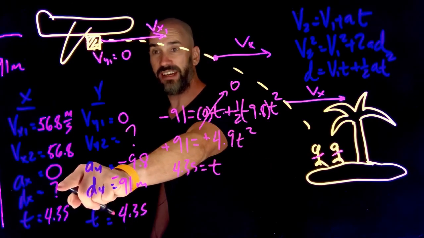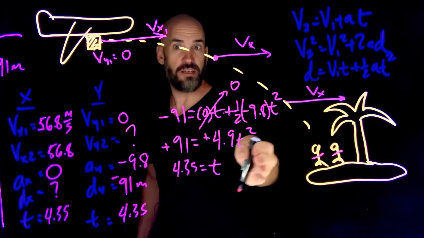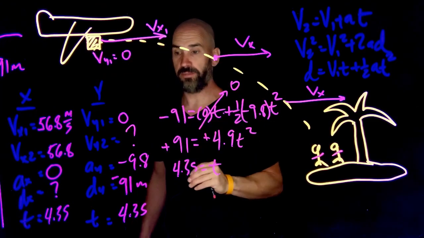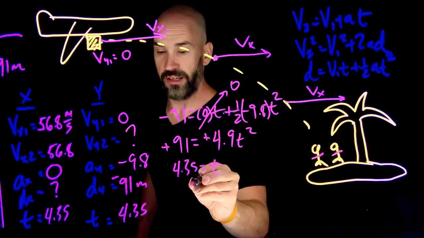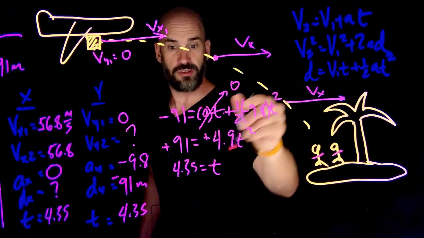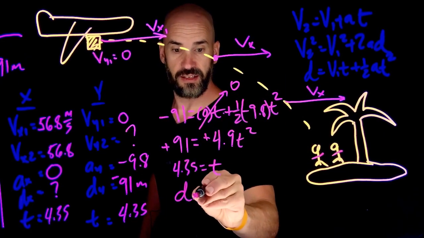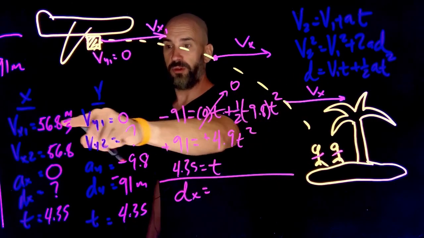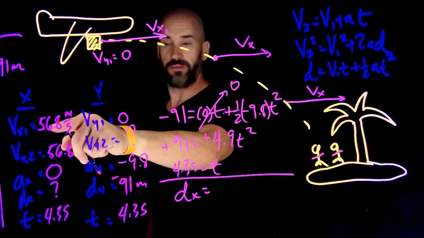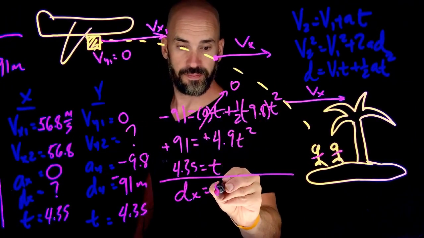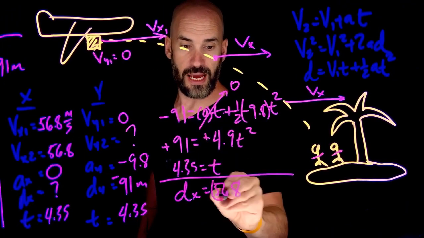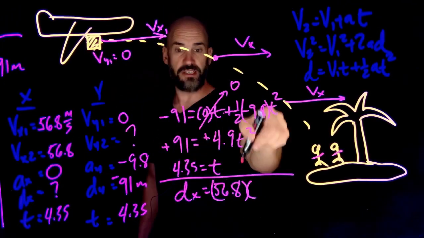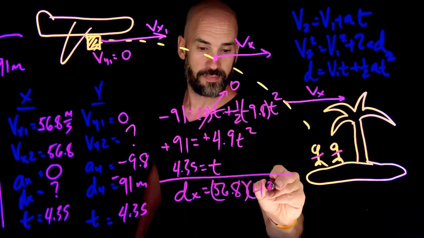So how are we going to get our dx? How far away the plane has to be to release the package so that the people get it? Well, we can use this equation. We say that dx equals v1t, which is 56.8, times the time that we just calculated, how long it was in the air, which is 4.3.